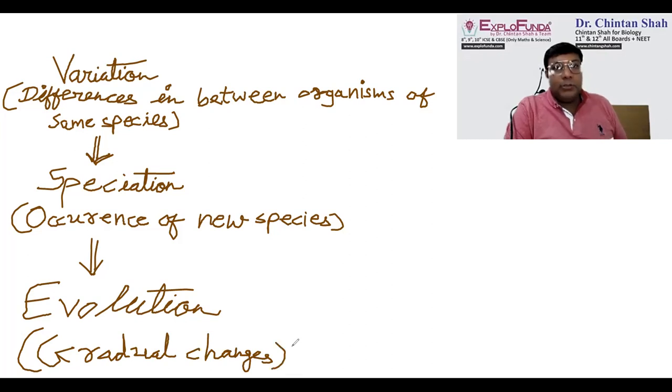The gradual changes which are taking place are known as evolution. So variation, differences in between the organisms of the same species; speciation, occurrence of the new species; and evolution is known as gradual changes. Okay, let's go further. Have you written it? Pause the video and write down this.